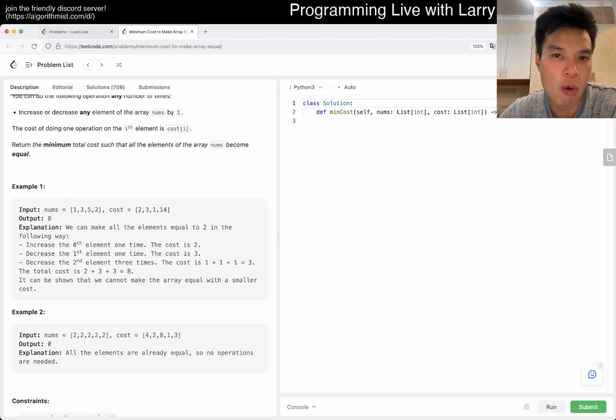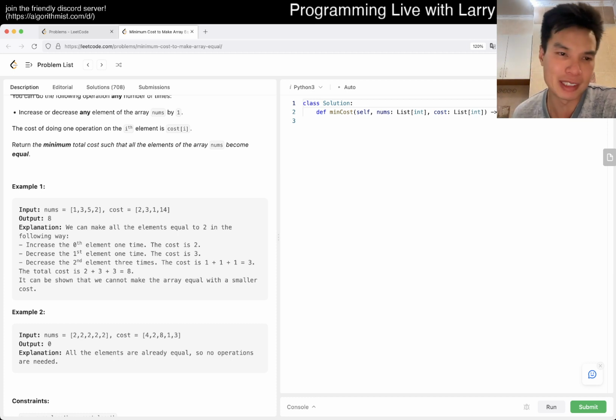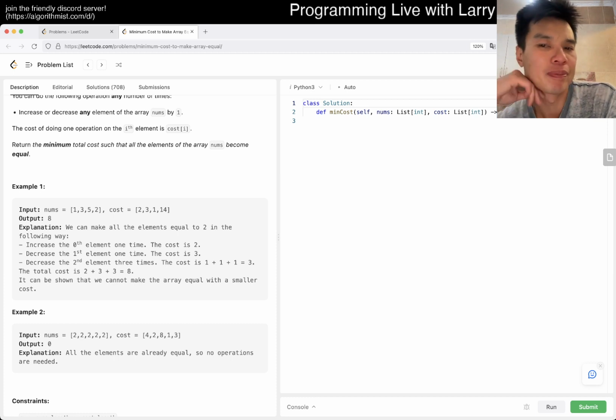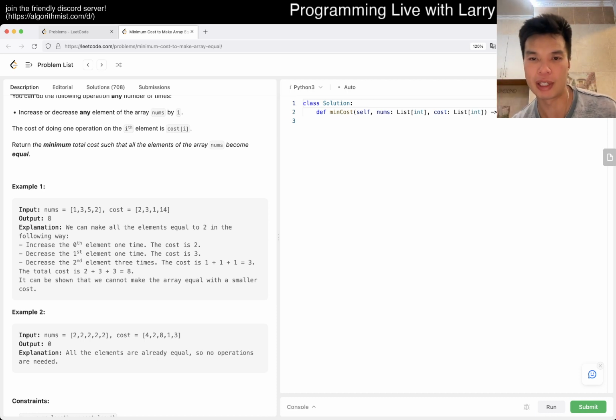So if that's the case, then we can just do a sweep line thing. Unless I'm thinking about something different. Okay. For example, let's say, sort.